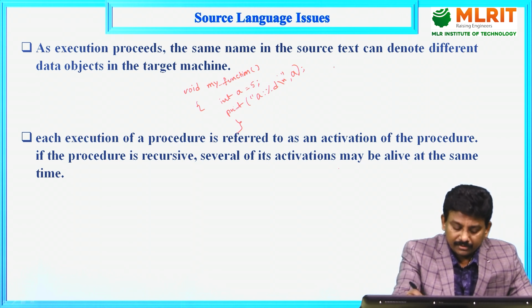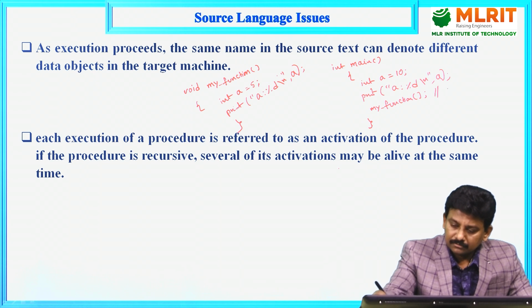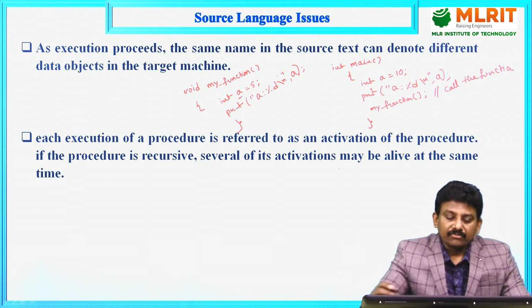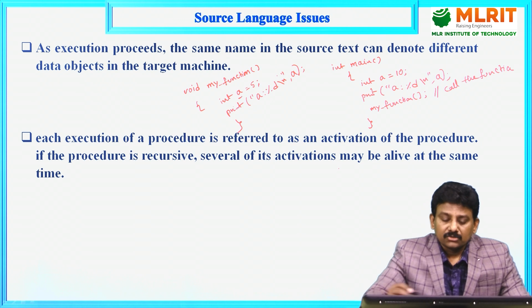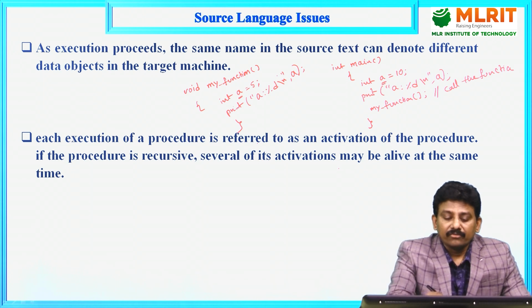Suppose in a main program, when you call my function, here A is declared in the function with value 5 and the scope of this variable is different from the variable declared in main function. Here 5 is assigned, here 10 is assigned.